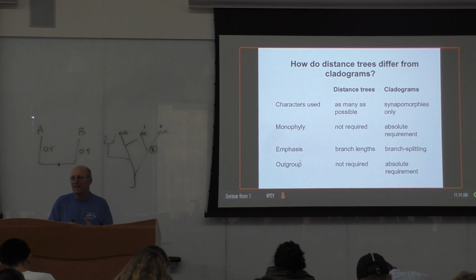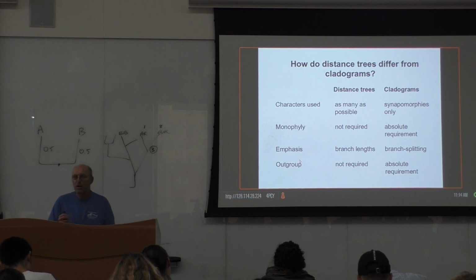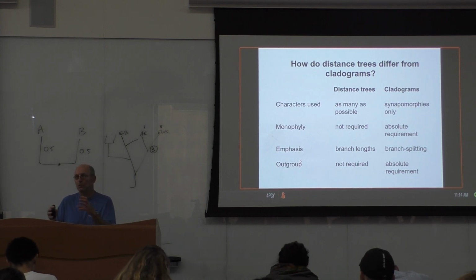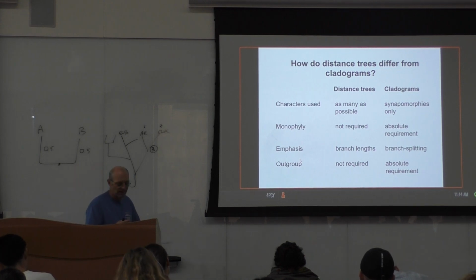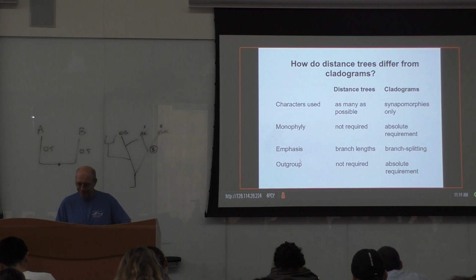The monophyletic status, which is determined by synapomorphies, is the requirement of a clade. It's not a requirement for distance trees, it doesn't matter. The emphasis is the branch length in one method, and in the other you want to split the branches to be able to group together monophyletic assemblages. And the outgroup in a distance tree is not required, and in a cladistic method you want to root a tree. That's what we talked about earlier. So those are the philosophical differences between the two approaches.